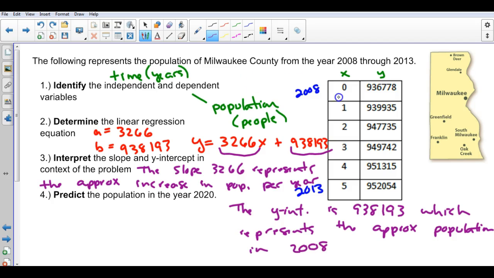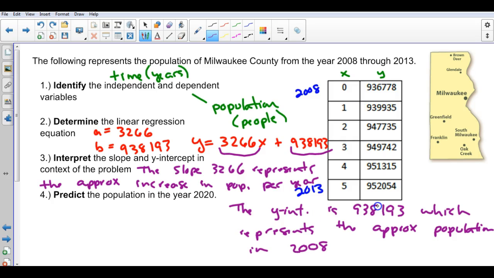So the y-intercept is the value that corresponds to when x is 0. So imagine if I were to substitute 0 right here for x into my equation, I would end up with this 938,000.